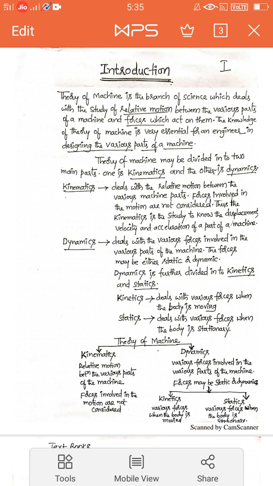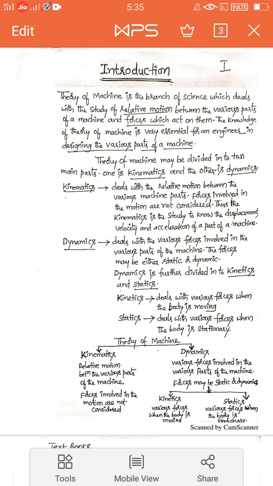As I told, the theory of machine deals with two things. One is study of relative motion between the various parts. Other one is the forces which are responsible for the motion of each and every part of a machine. Out of these two, in kinematics, we only focus on the study of the relative motion between the various parts of a machine.